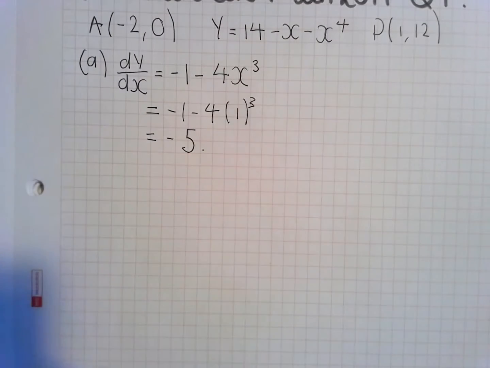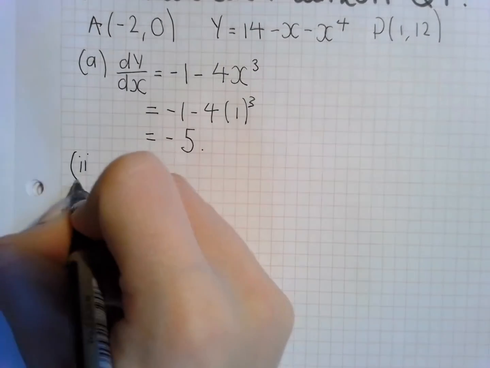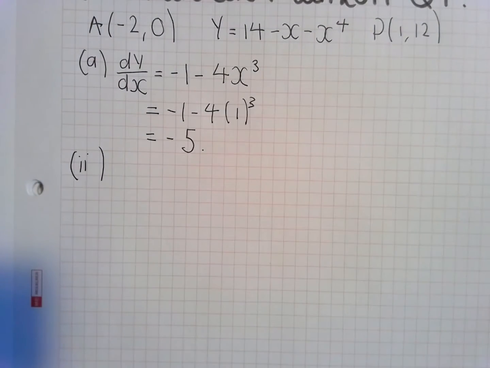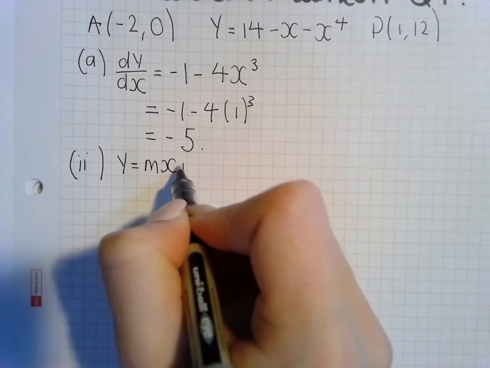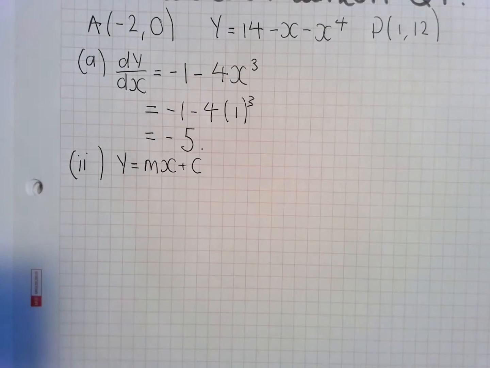Okay, so the second part of A says hence, which suggests that you use the part before. Hence, find the equation of the tangent to the curve at the point P, giving your answer in the form y equals mx plus c. Our tangent is a straight line, and we know that y equals mx plus c is the general equation of a straight line.